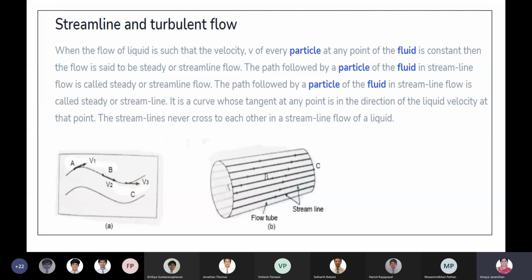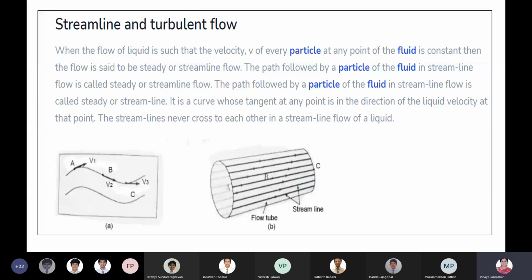The theory will not be tested as a whole, apart from Pascal's law. Now comes the theoretical part, what we call streamline and turbulent flow, right, boys? You have seen liquid flowing in pipelines. Now the flow of a liquid can be classified as a streamline flow or a turbulent flow.